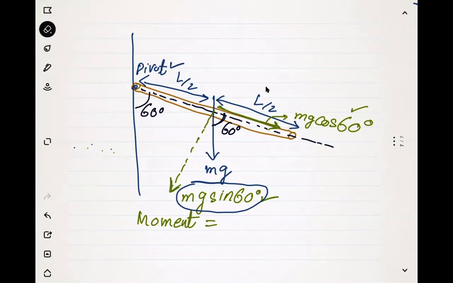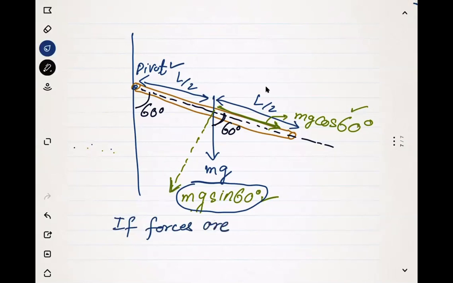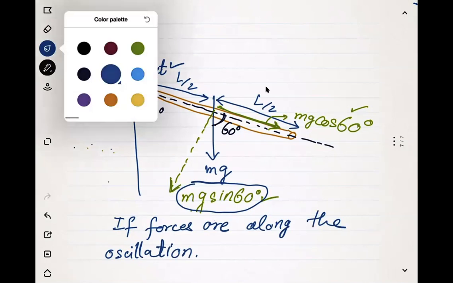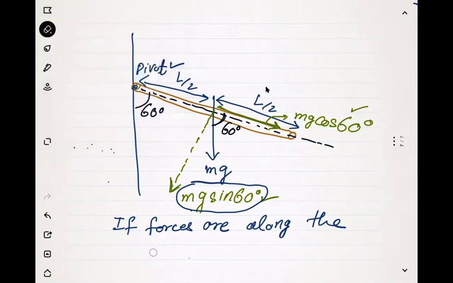So while calculating moment, you have to care about this fact that if there are multiple forces, and if forces are along the motion or along the oscillation, if a given force is along the distance, ignore it.